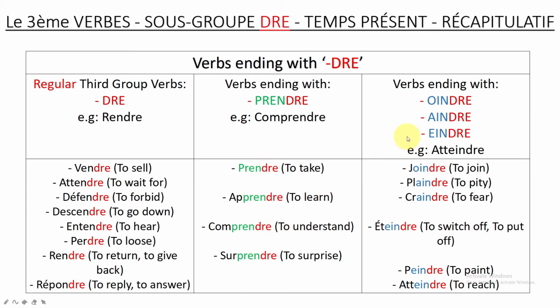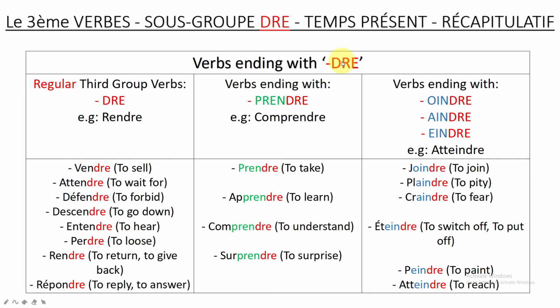And the last one is O, A or E followed by INDRE: OINDRE, AINDRE, EINDRE. Here is an example, atteindre, EINDRE, and here we have some verbs belonging to this subgroup.